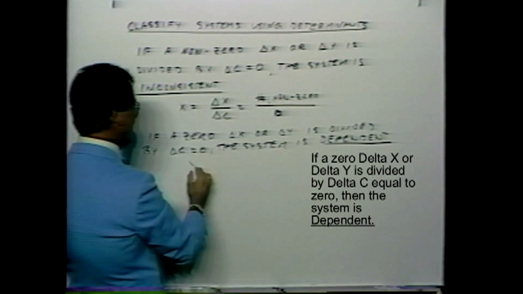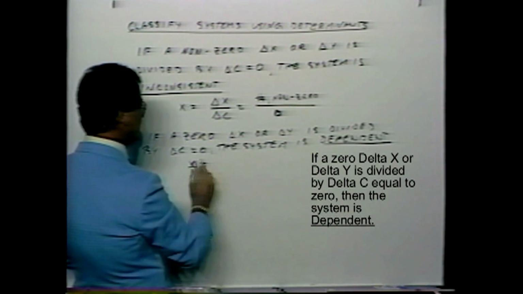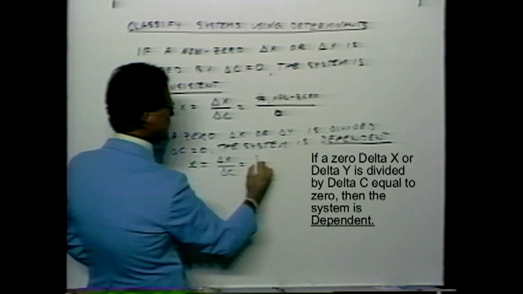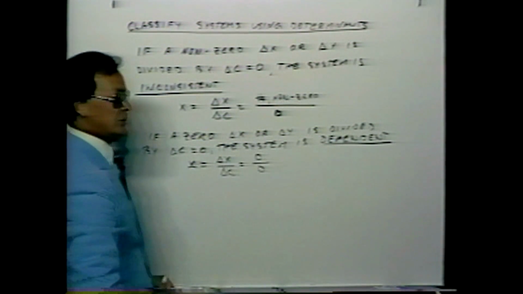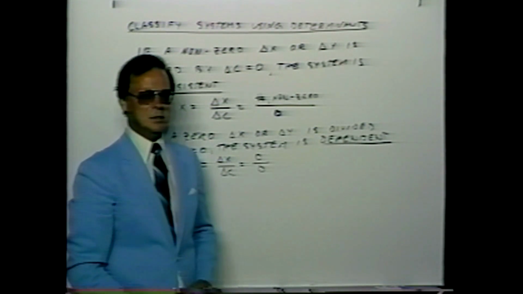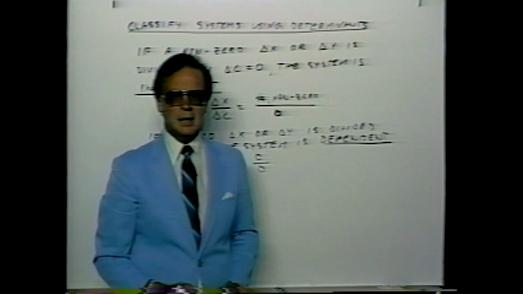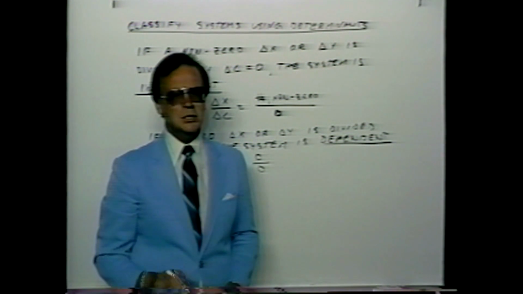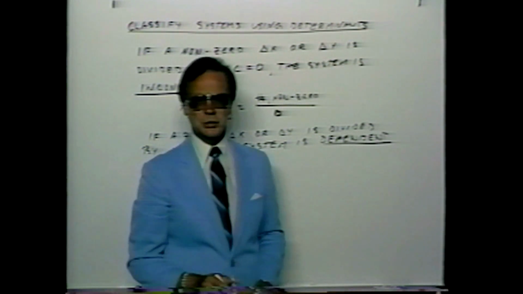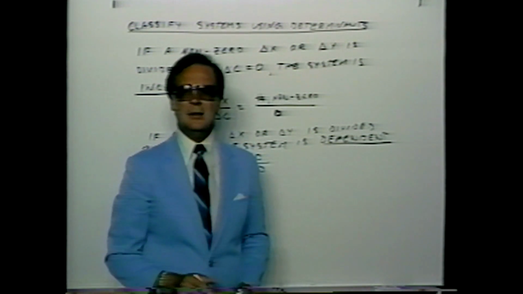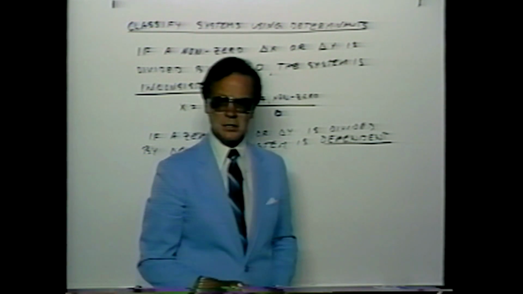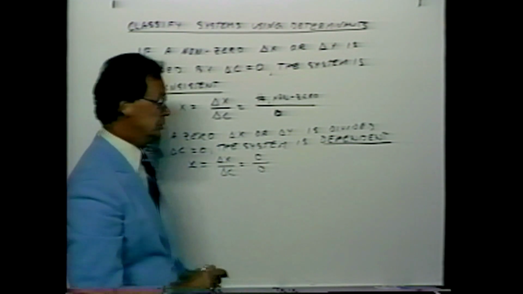That is, if you had x equal to delta x over delta c, and that amounted to 0 over 0, then it's immediately classified as a dependent system. But as long as delta c is non-zero, then a unique solution will be the result, and that's classified as a consistent and independent solution.